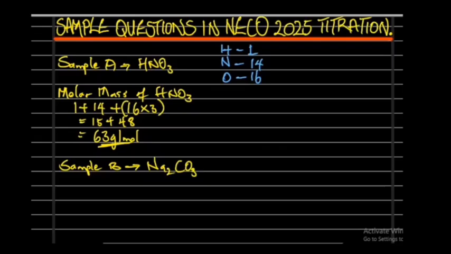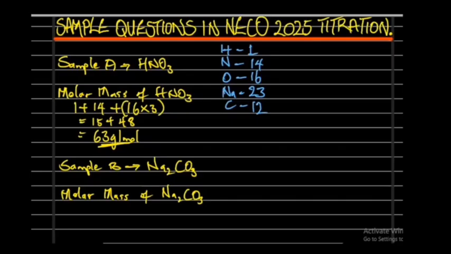That is what we'll be having for our sample B. So for the molar mass of sodium trioxocarbonate, let me quickly put the values here. The atomic mass of sodium is 23, and that of carbon is 12. I think these are the remaining two that have not been added here.